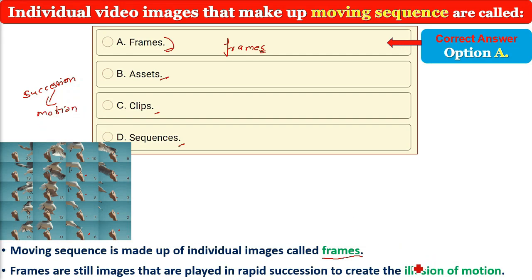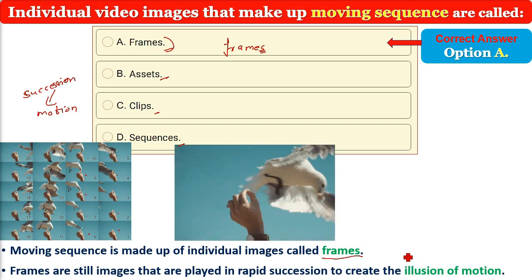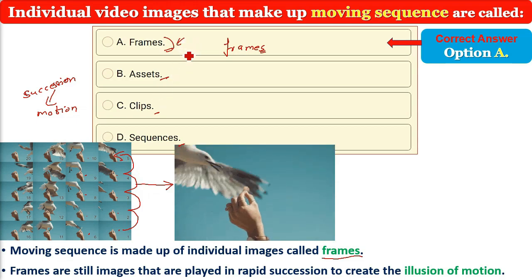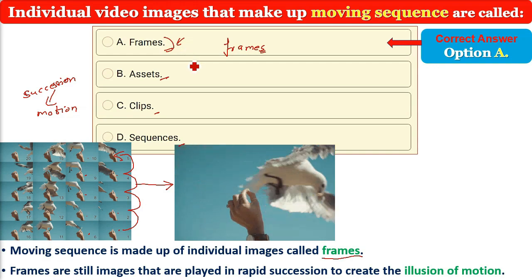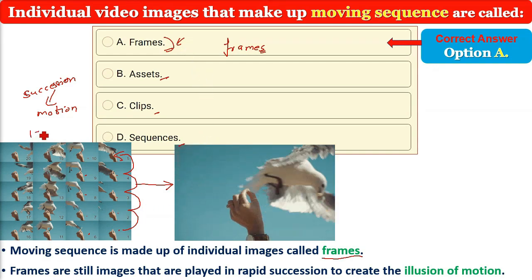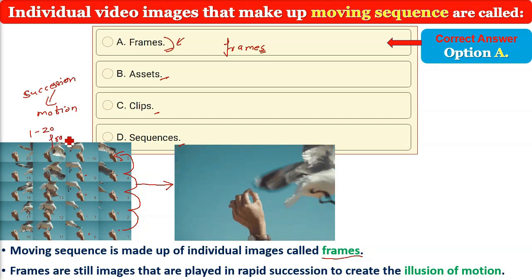Each frame captures a specific moment in time, and when combined together, they form a continuous video sequence. So frame or frames, this one is the correct answer in this context. Now what you see here are different frames from 1 to n number, and once they are combined, this is the final product that we will get.